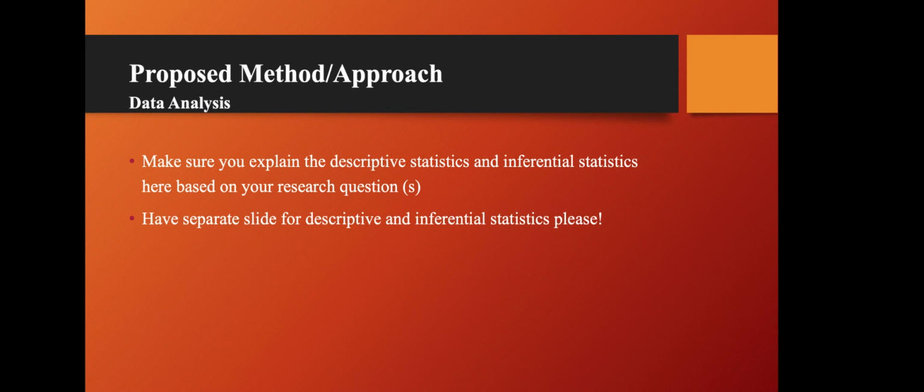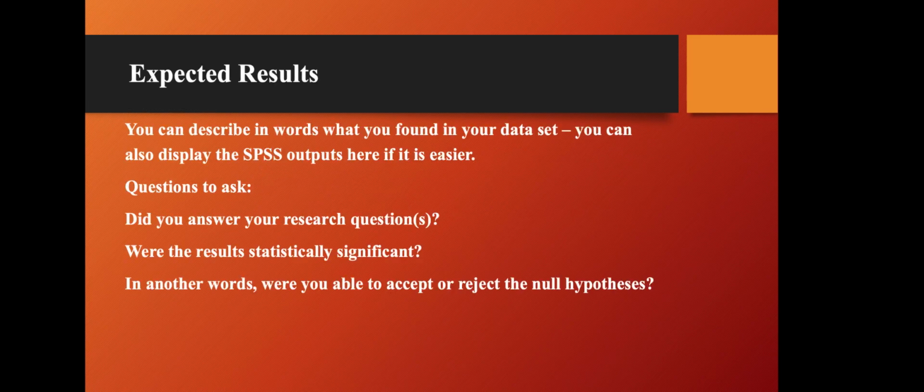I want you to just be focused on your research question and talk about which descriptive statistics you're going to run to first check out your data, and what inferential statistics to answer 1 to 3 research questions altogether, and have a separate slide for the descriptive and inferential statistics, what you're going to use, and the expected results.